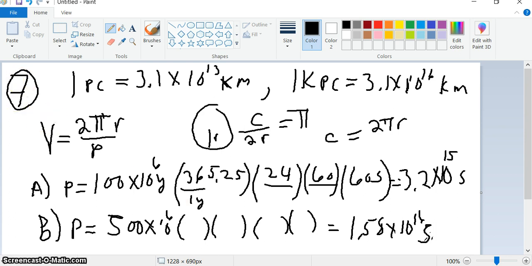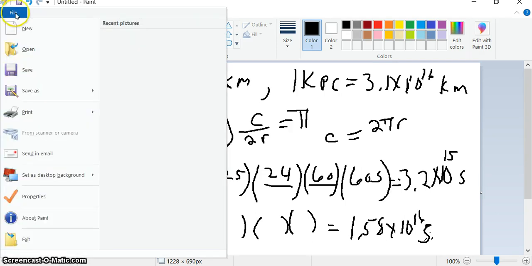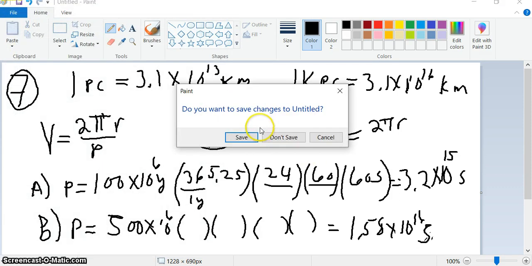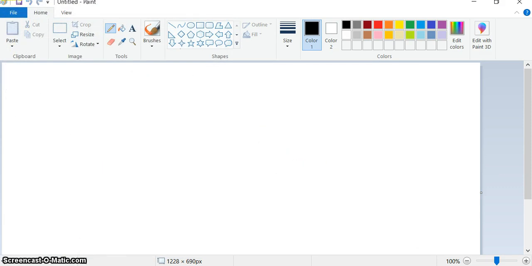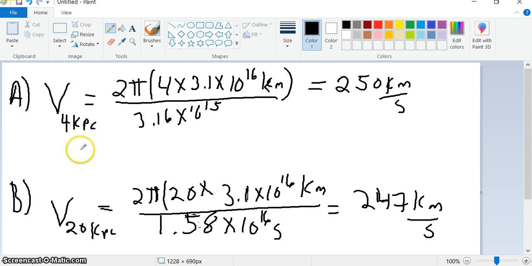I'm going to tell you what I did when I looked at the chart that they want us to look at. Both of these velocities should turn out to be about 250 kilometers per second.